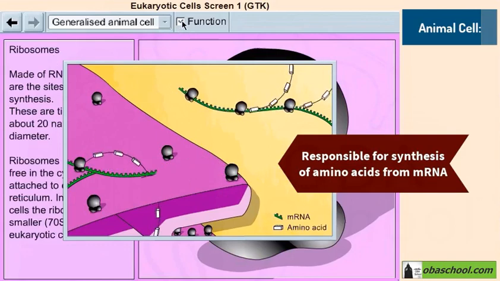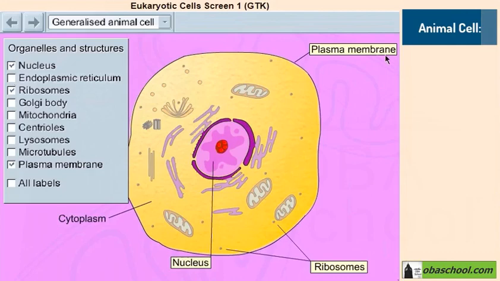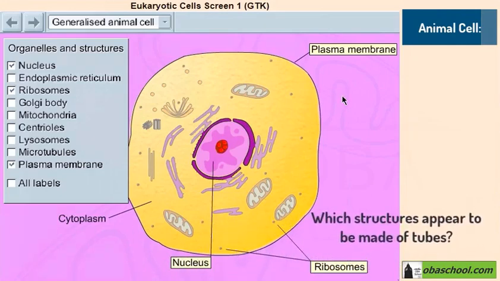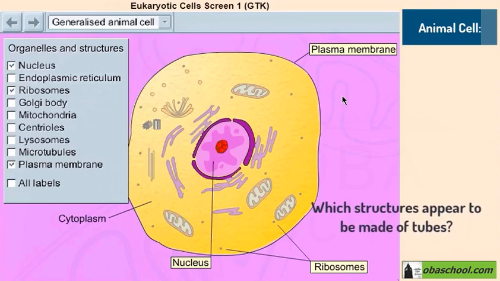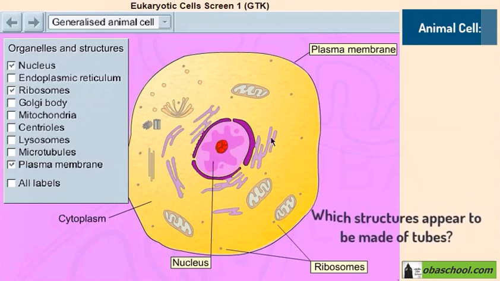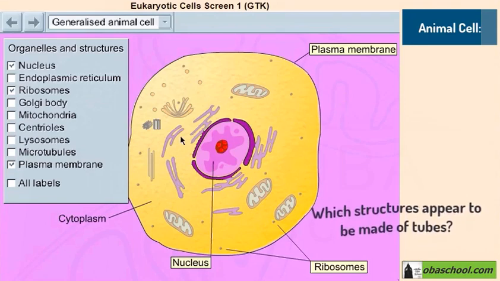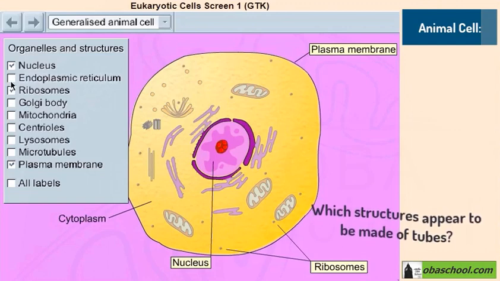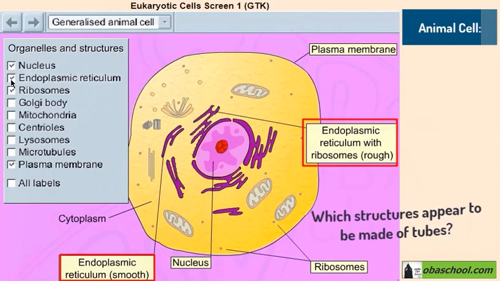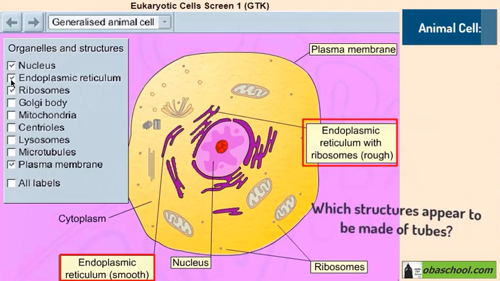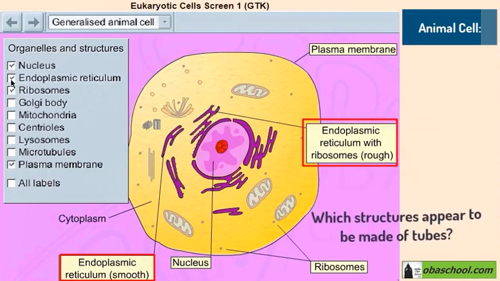Okay, now the next question. Which structure do you think appears to be made of tubes? Yes, it's the endoplasmic reticulum. We have two types of endoplasmic reticulum.